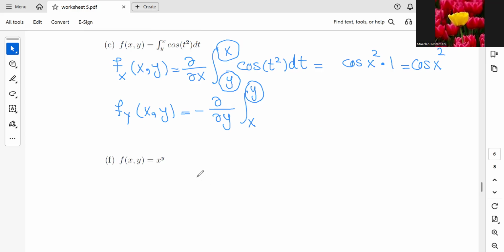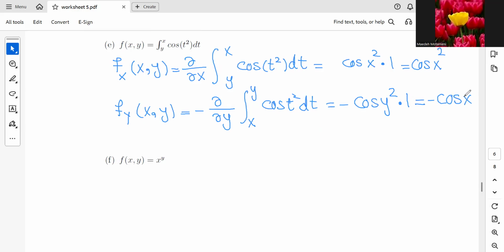If you remember, that theorem says for all integrals from a number to a variable. And that works here because we are only talking about one variable at a time. So cosine of t squared dt. So we keep the negative here, and it will be cosine of y squared times the derivative of whatever you have here, which is 1. So the answer will be negative cosine of y squared.